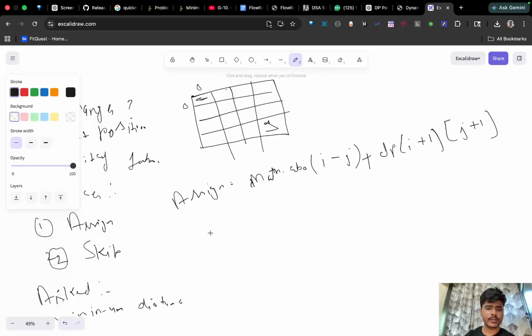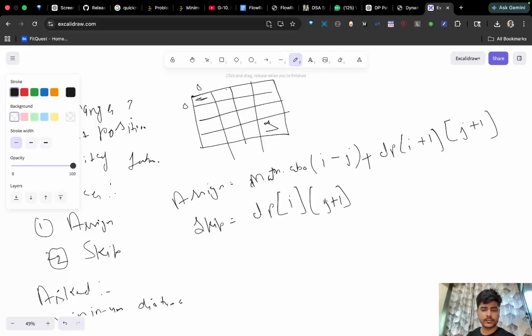And if I skip, that is, I am not going to assign my robot at position i to the factory at position j, in that case I will borrow the answer from the future. For skip, dp[i][j] borrows the answer for robot i from factory j+1.